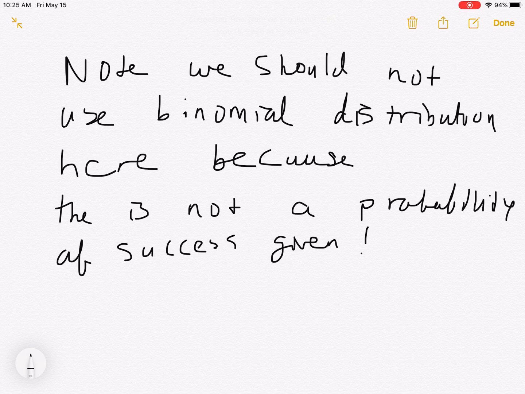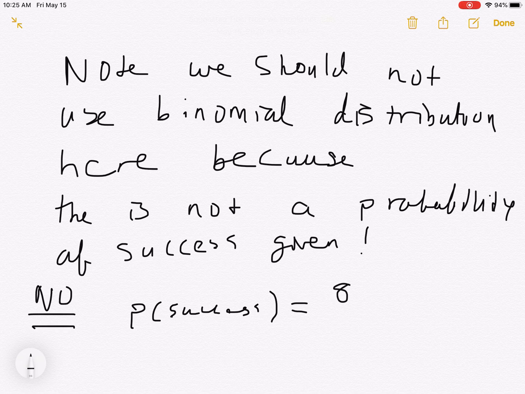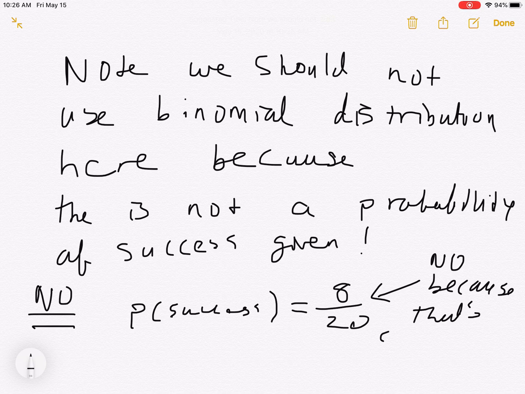You might say, hey, if there was a probability of success, would it be 8 out of 20? But no, because that's only true for the first trial.